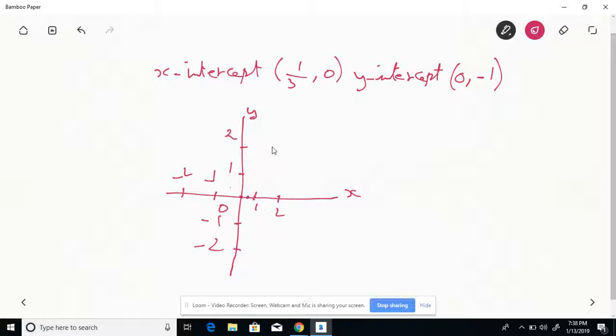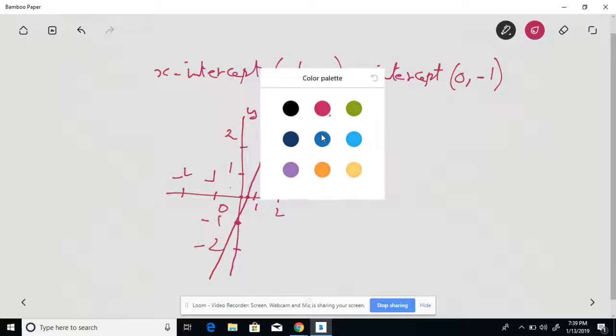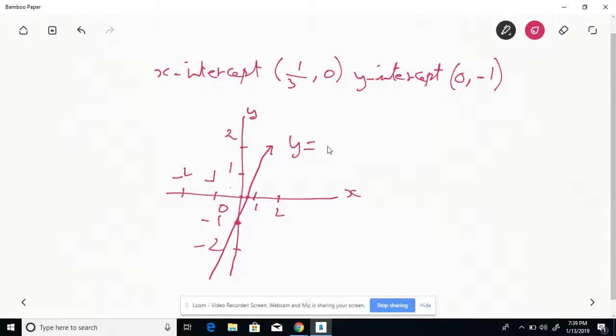So the graph is going to look like y equals 3x minus 1.